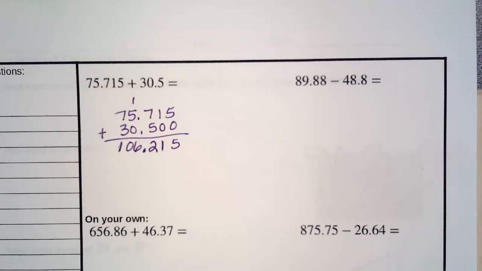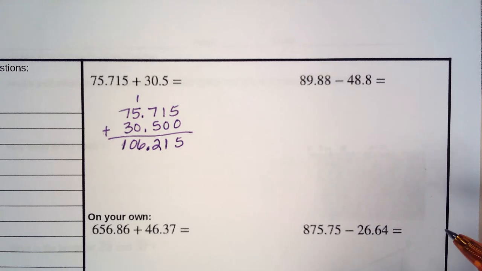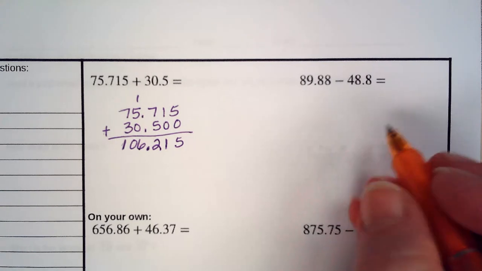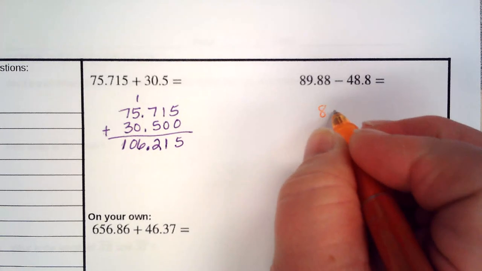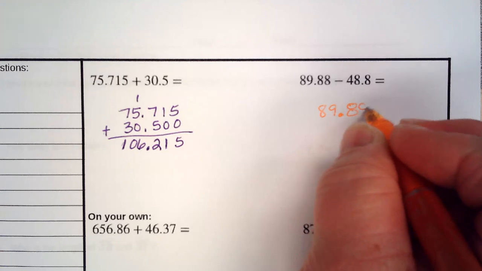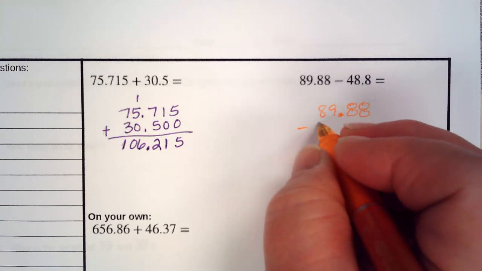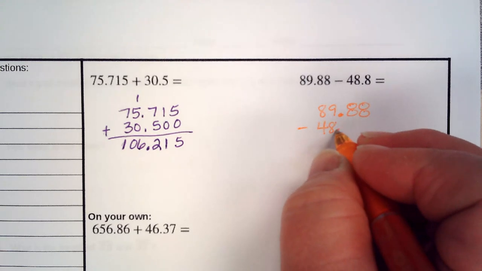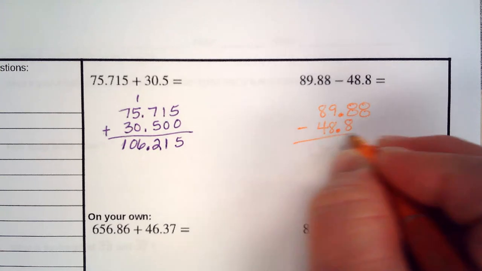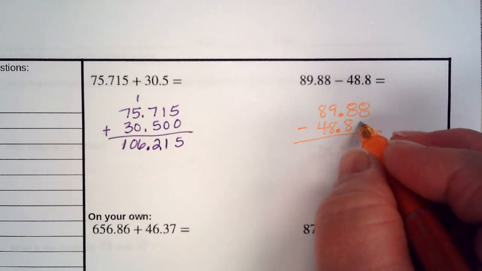Okay, once again, we're going to set it up. Can you write it correctly in columns that are straight? 89, there's my decimal, and 88. Minus, this time we're subtracting, 48, decimal 8. I still need my placeholder, which is a 0.